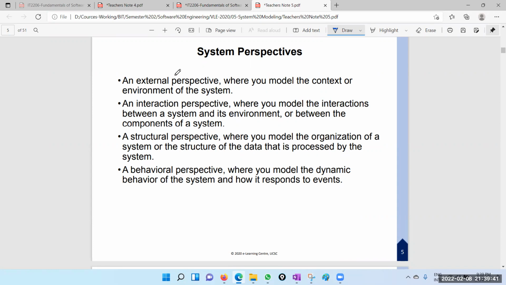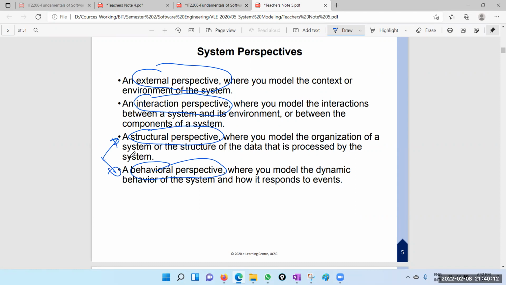So we can look at the system from the external perspective, interaction perspective, structural perspective, and behavioral perspective. The most widely used two terms are structural and behavioral. In UML, when we do UML in semester 3, we subdivide each and every UML diagram into either structural or behavioral.